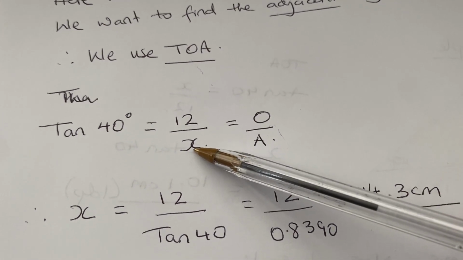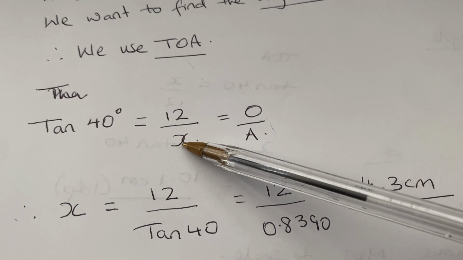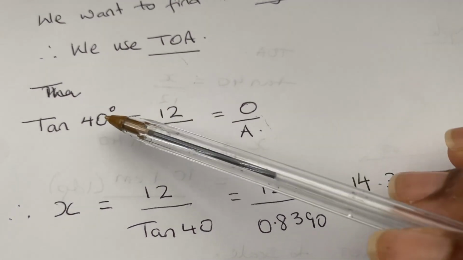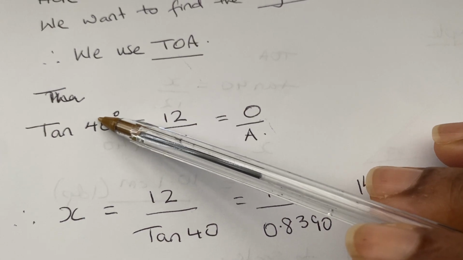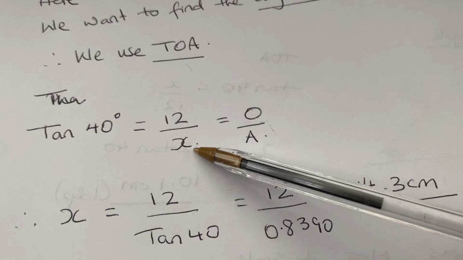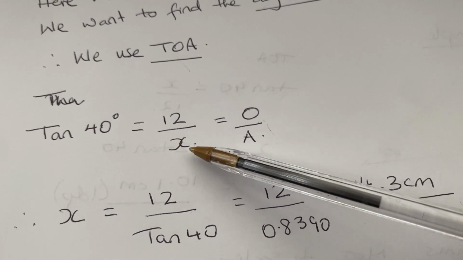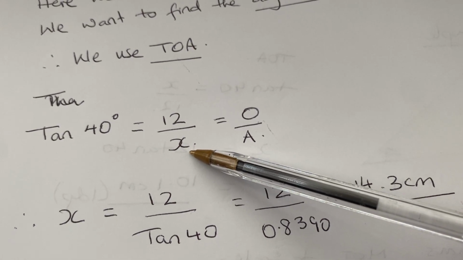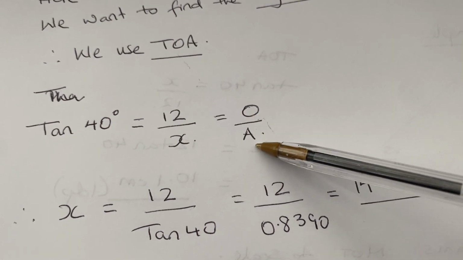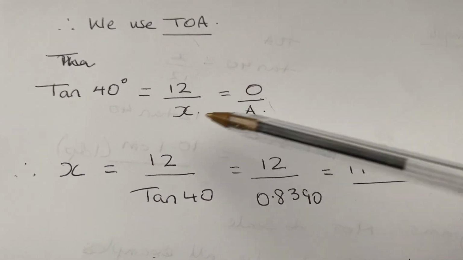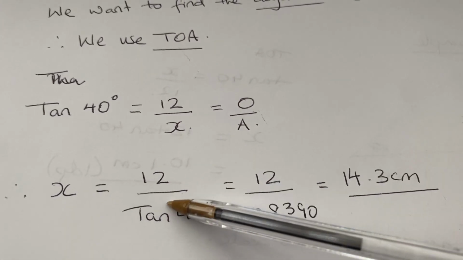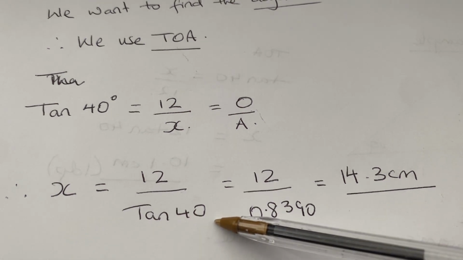To find x, we just move the x to the left hand side, and bring the tan 40 to divide. So x equals 12 divided by tan 40.